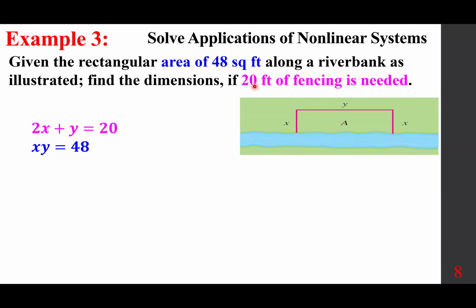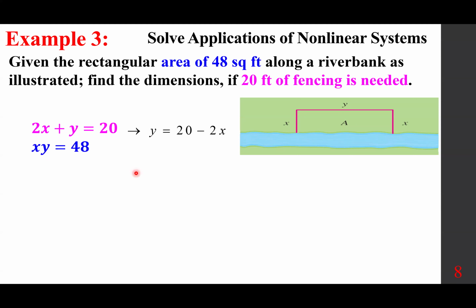Now, we solve for Y in this equation, we get 20 minus 2X. We put that into this equation, X times Y equals 48.